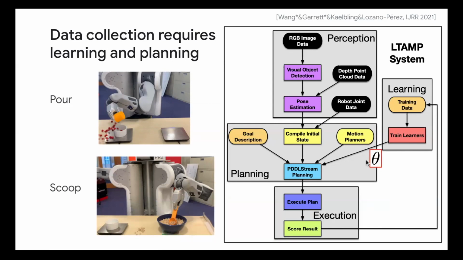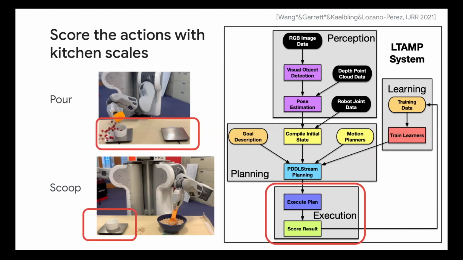It tries to output a theta, which might involve both the context, such as the sizes of the ball, and the exact control parameters we will use. It sends this to the planning module so that the planner knows what kind of experiment we are trying to run. The planner coordinates every component of the robot, figuring out where to move to pick up the cup, reach a particular position, and carry out the action. We did this for two actions: one is pouring and one is scooping.